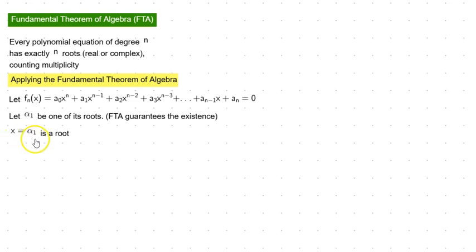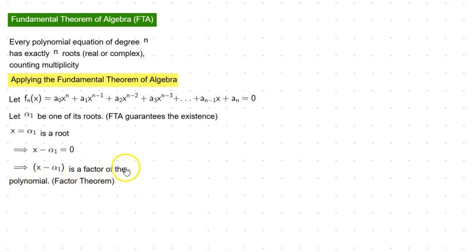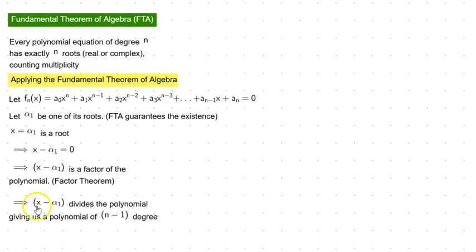So x equals alpha 1 is a root, which implies x minus alpha 1 is equal to 0, which implies x minus alpha 1 is a factor of the polynomial. And here we are using the factor theorem to make this statement, which implies x minus alpha 1 divides the polynomial, giving us a polynomial of n minus 1 degree.